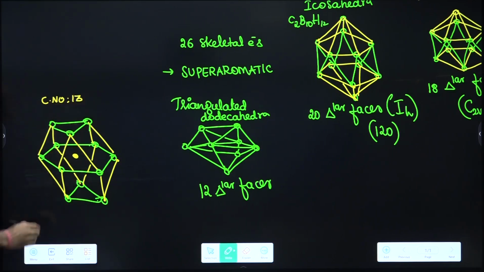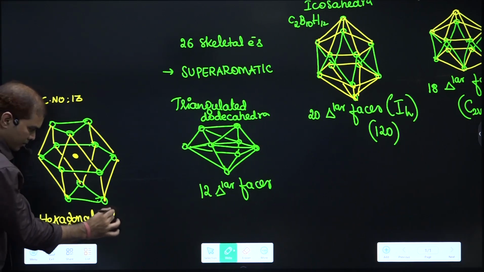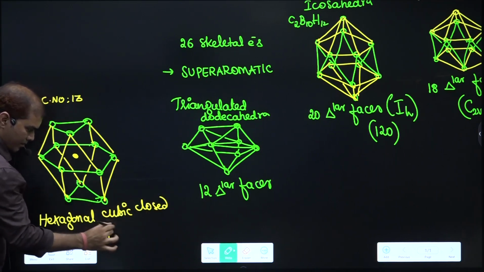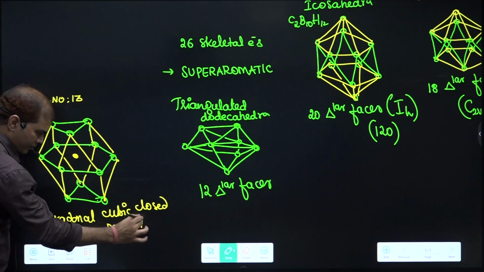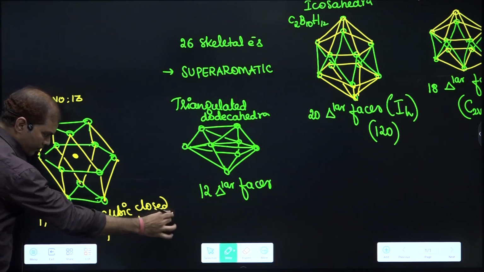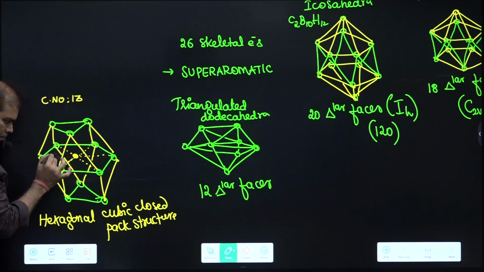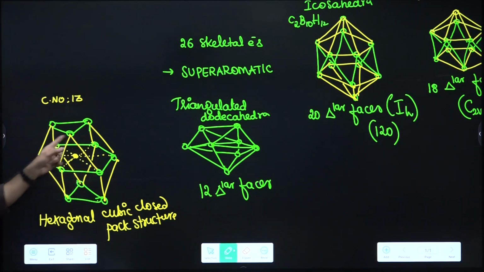We simply call it hexagonal cubic closed pack structure. This is shown coordinated with the hexagonal atoms.